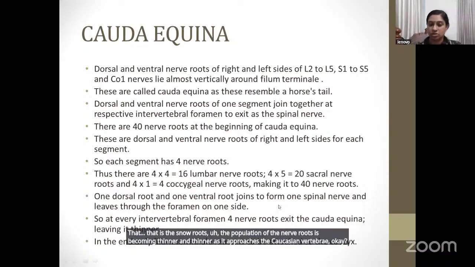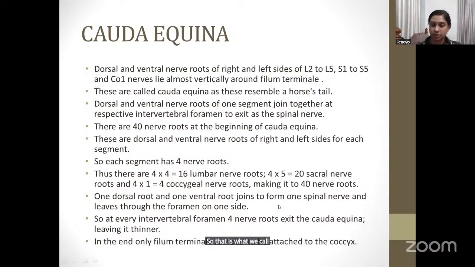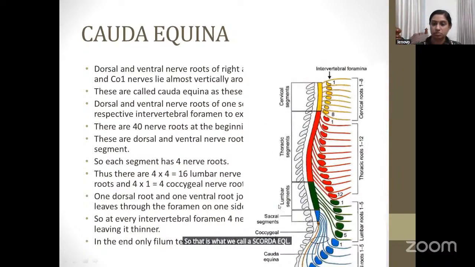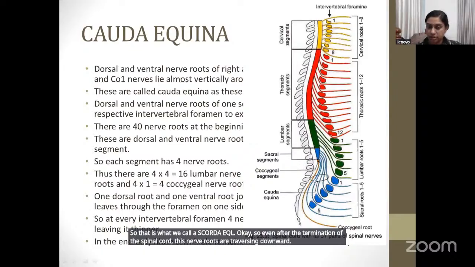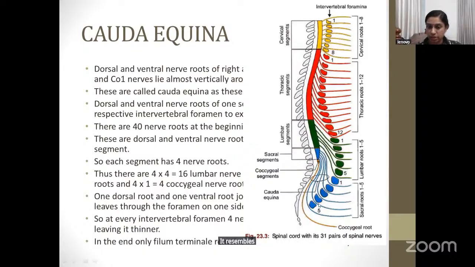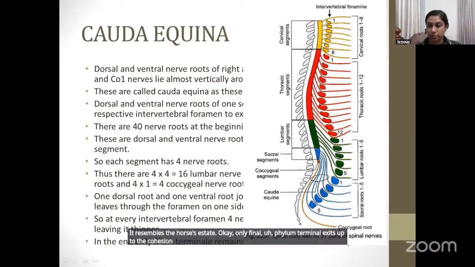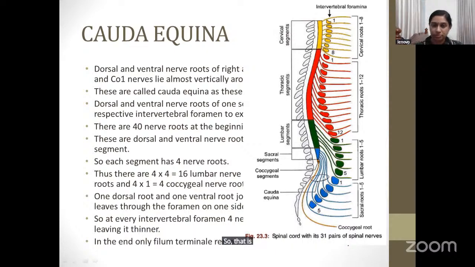So that is what we call the cauda equina. Even after the termination of the spinal cord, these nerve roots are traversing downward. It resembles the horse's tail. Only the filum terminale extends up to the last coccygeal bone. So that is the cauda equina.